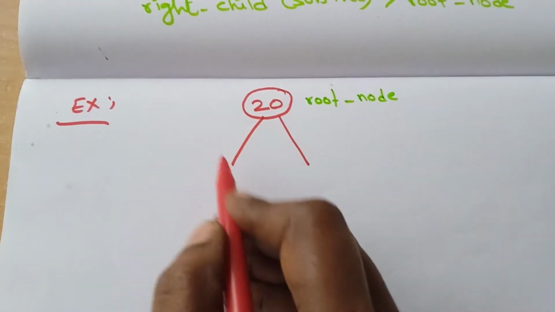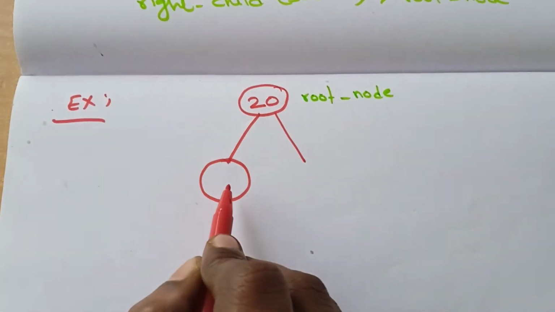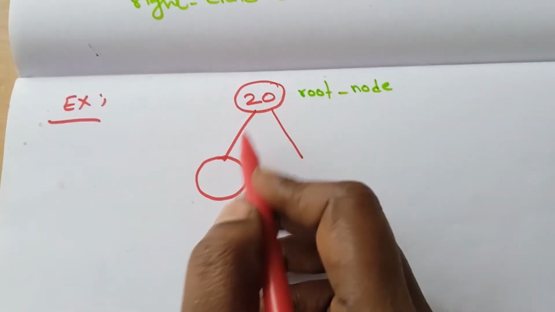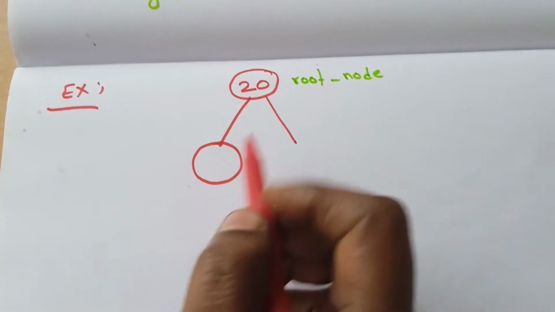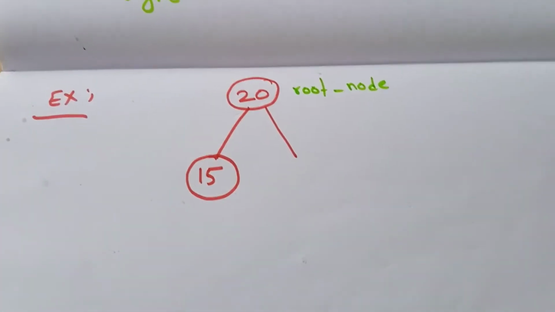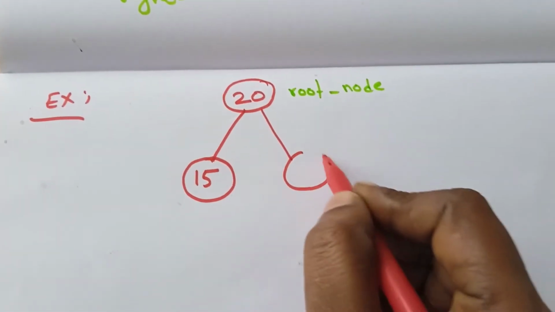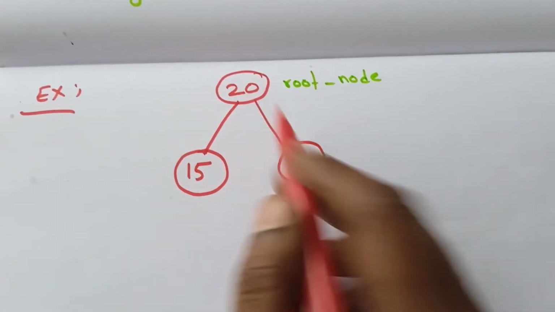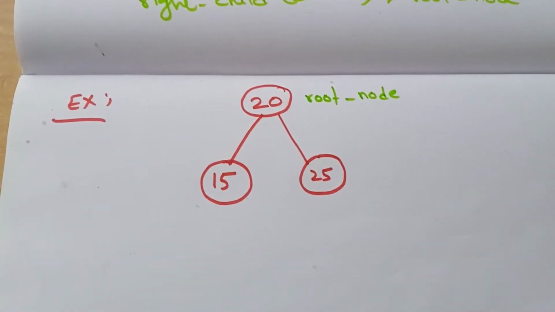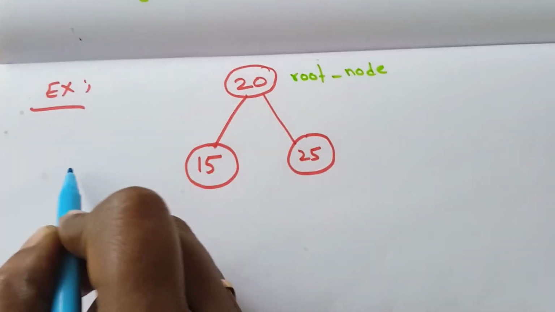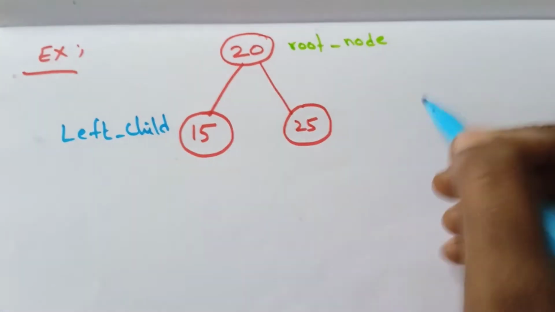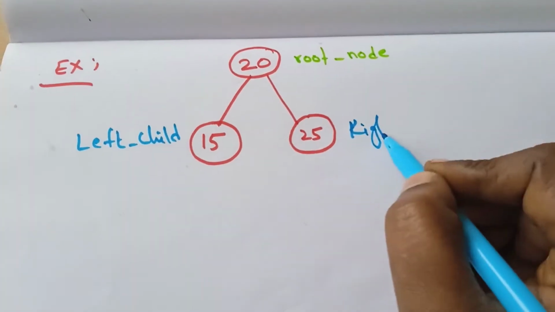The left child value should be lesser than the root node, so you can take any lesser value. I am taking 15. And the right child value should be greater than 20, so I am taking 25. This is the left child and this is the right child.